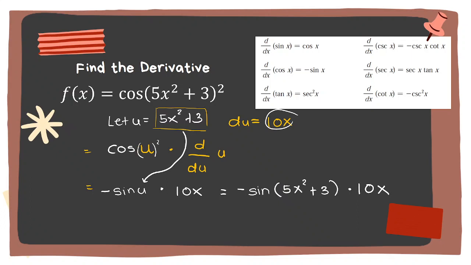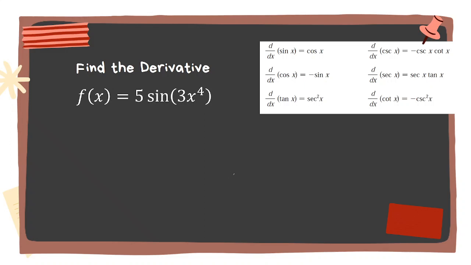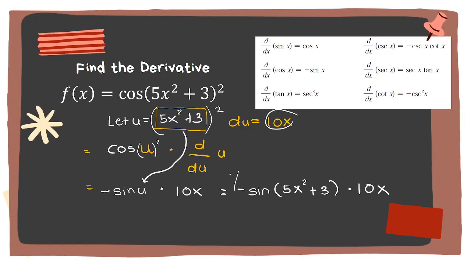Paano yun? Naka-squared si 2 ko dyan. Paano ko ngayon kukunin si derivative nito kung naka-squared si 2 dito? Ito ang sagot kapag walang 2 dito.